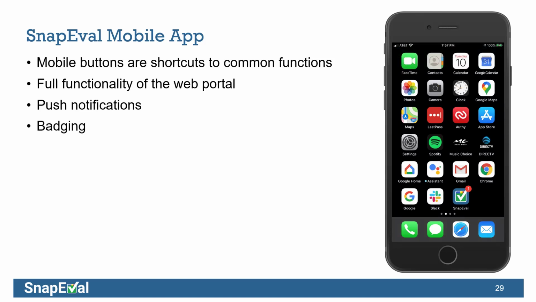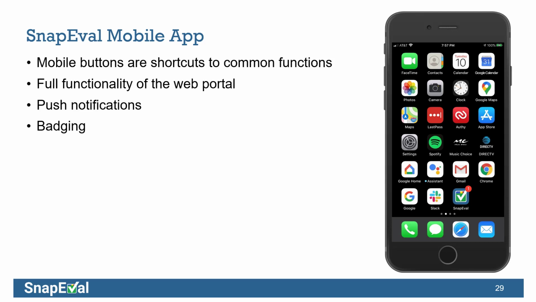Badging is another one. If you notice a little red circle with a 1 on it by the SnapEval icon, this basically indicates that there's activity that has happened within your SnapEval account. It functions a little bit differently whether you're on iOS or Android. If you're on the iPhone platform, that red circle and the number within it is how many activities there are in what's called Notification Center.